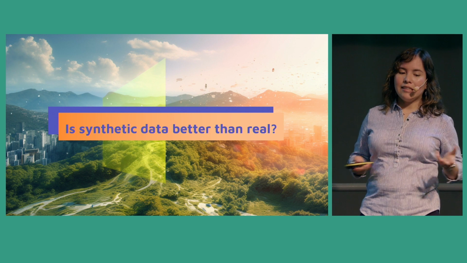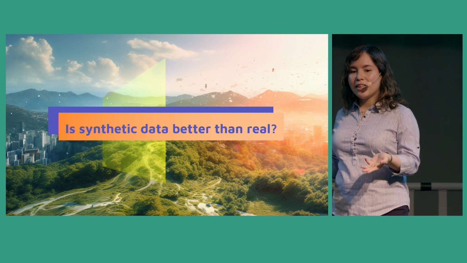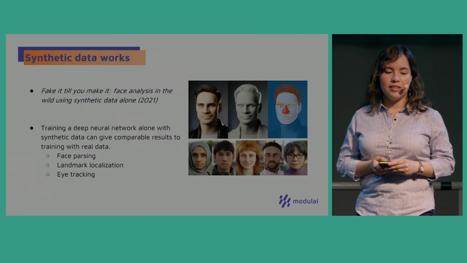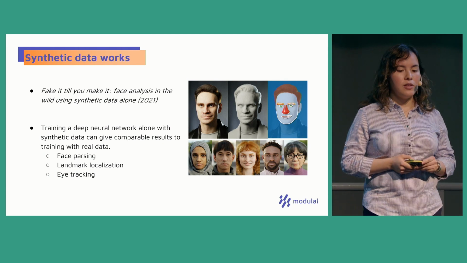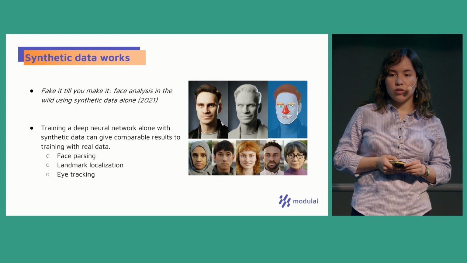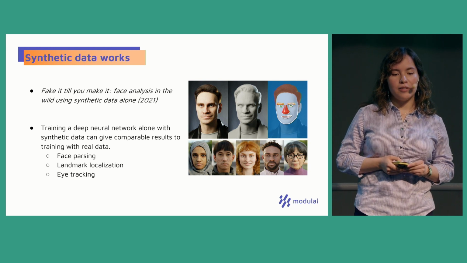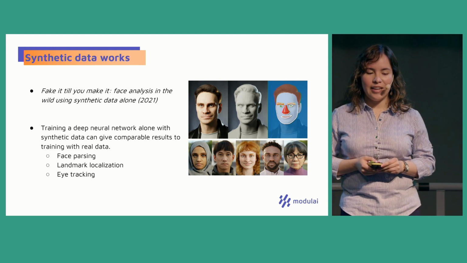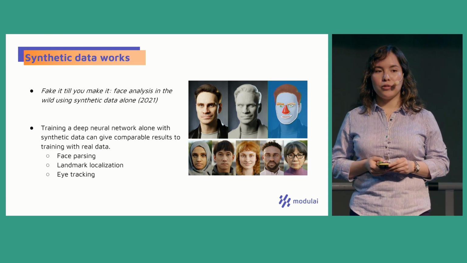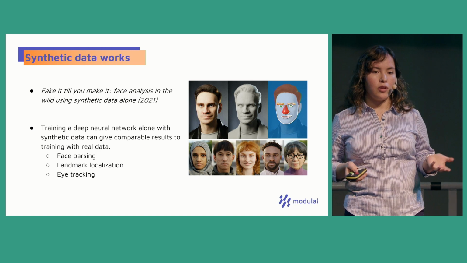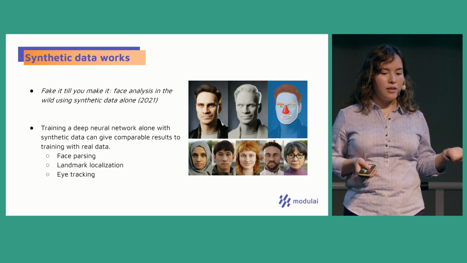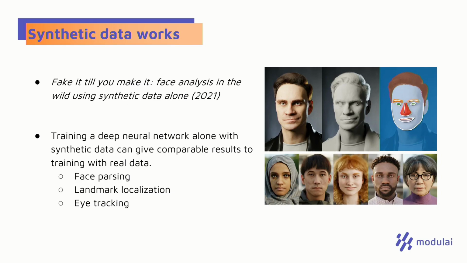So is synthetic data better than real data? Well, in 2021, there was a paper published by Microsoft researchers called Fake It Till You Make It. And this paper focuses on training a deep learning model only using synthetic data for three main tasks: face parsing, landmark localization, and eye tracking.